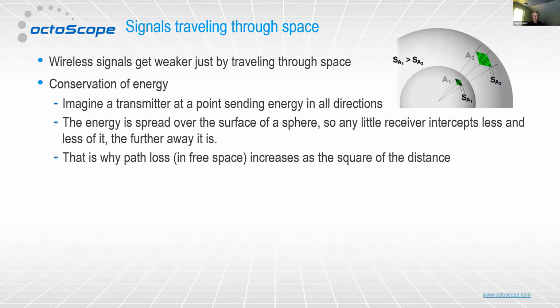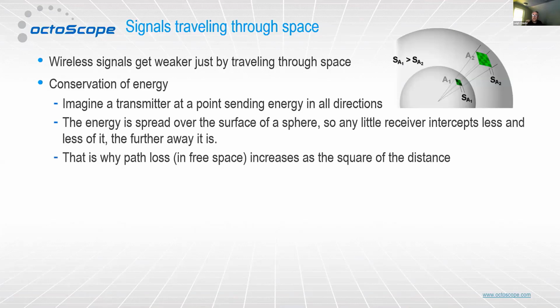When a transmitter transmits energy, the simplest possible way that it could do that would be to transmit energy in a sphere. So just in every direction all at the same time. And as that energy moves out, the sphere gets bigger and bigger.